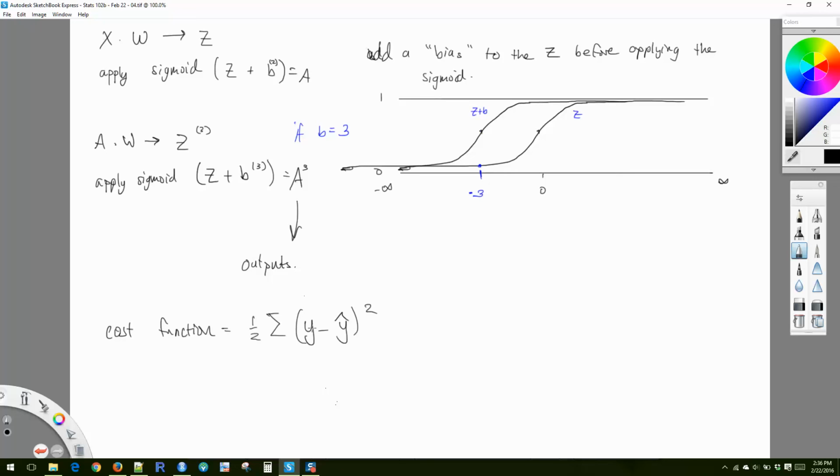But y is now a vector. It still applies. Y and y hat are now vectors. And so this is what we got.